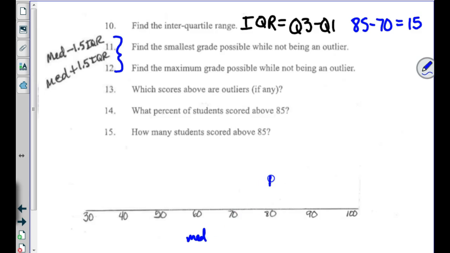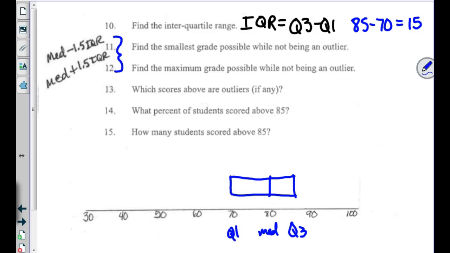Okay, so the median of 80 goes here, and the quartiles were at 70 and 85, you told me? So this is the median, this is Q1, and 85 is Q3. This is what our box is going to look like for our box and whisker plot.